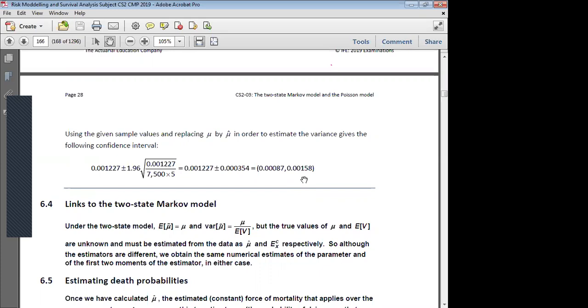Many times people say that there is a 95% probability that you'll observe mu in this. So that's not actually true. Its actual interpretation is that if you conduct this experiment 100 times, 95% of the times you will see mu in between these numbers.